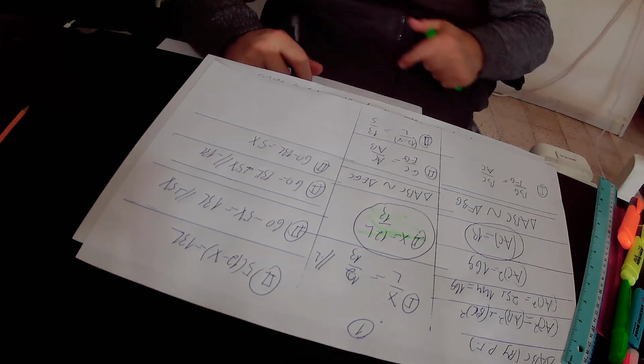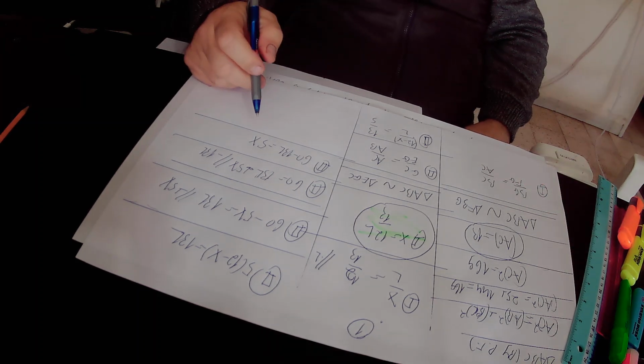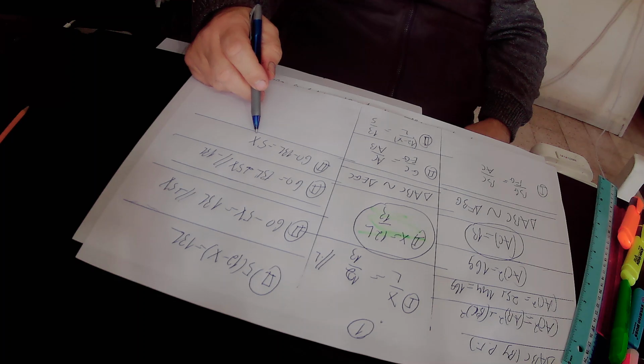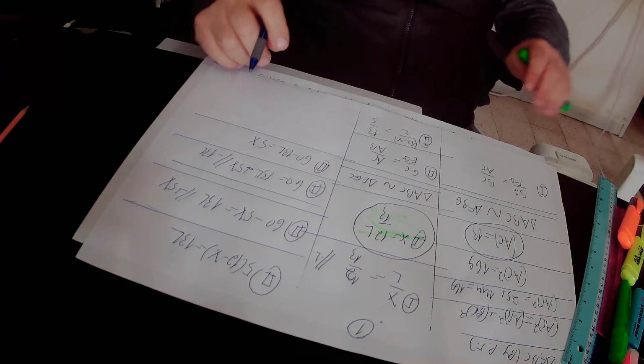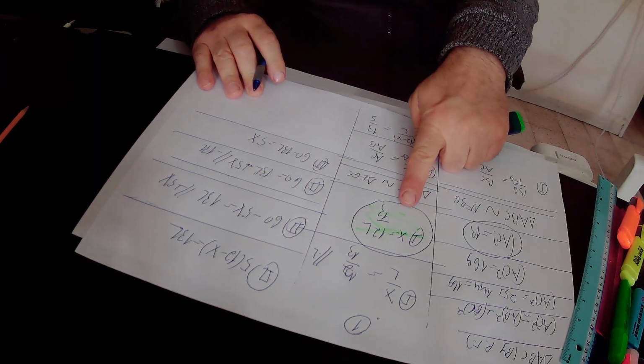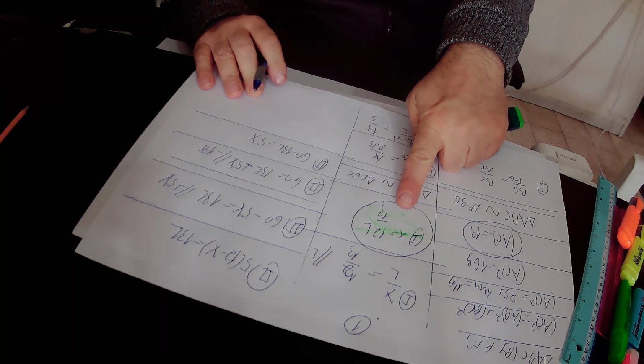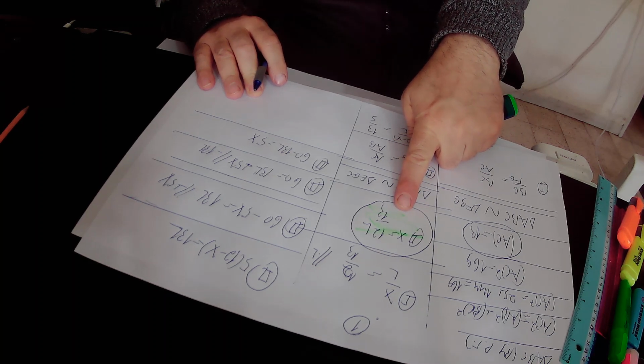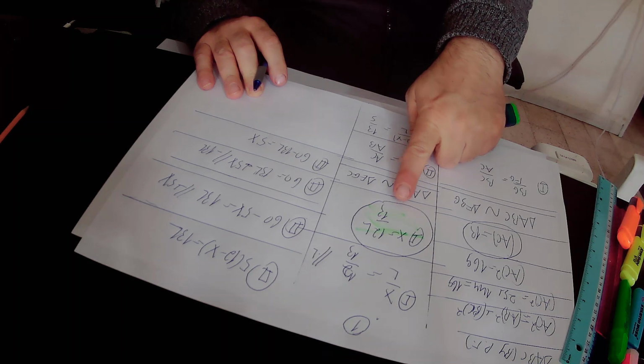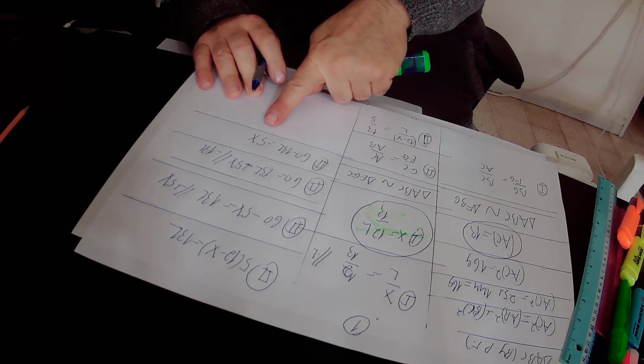You can substitute here in equation 2 x by the value of x that we found in equation 1. According to equation 1, x equals 12L over 13. Therefore, we can substitute x in equation 2 by 12L over 13.